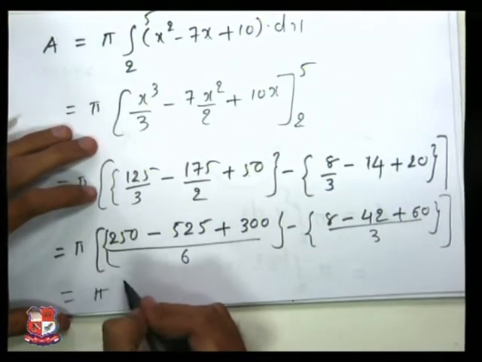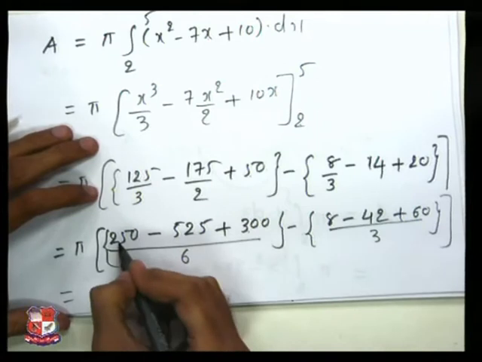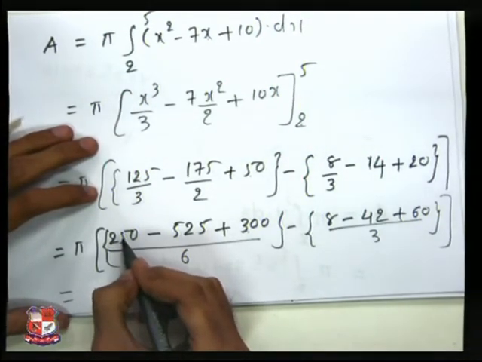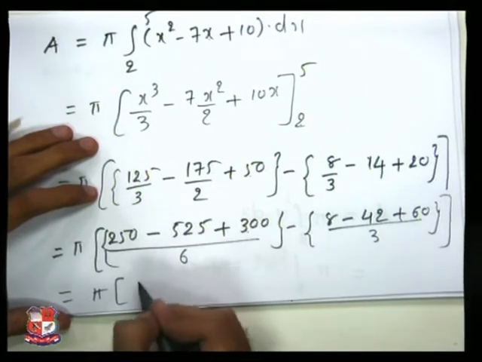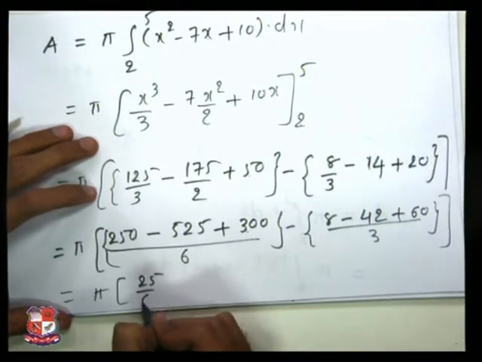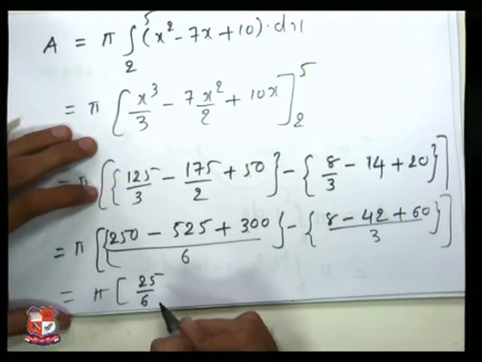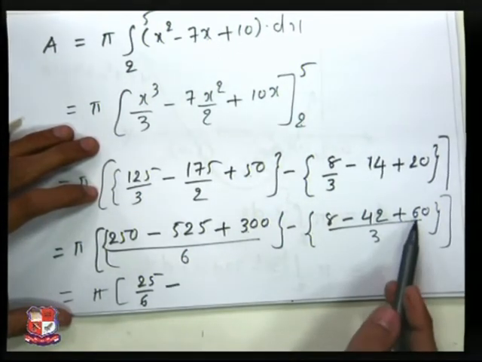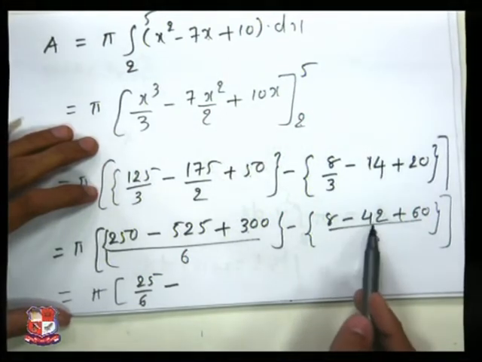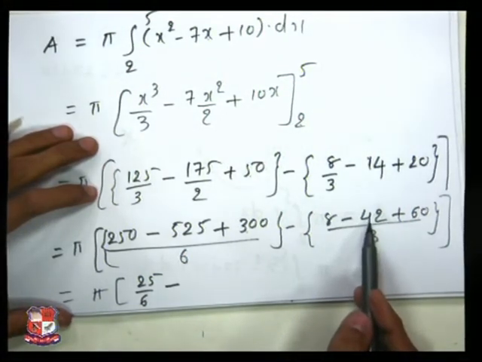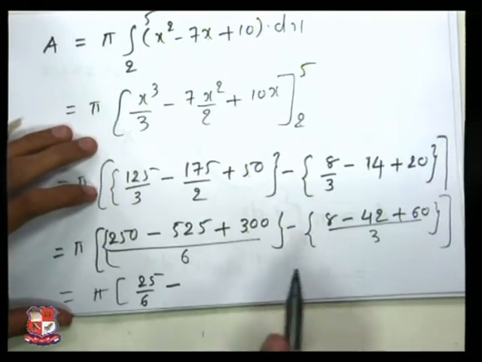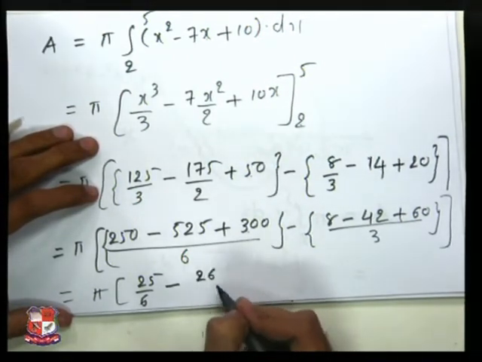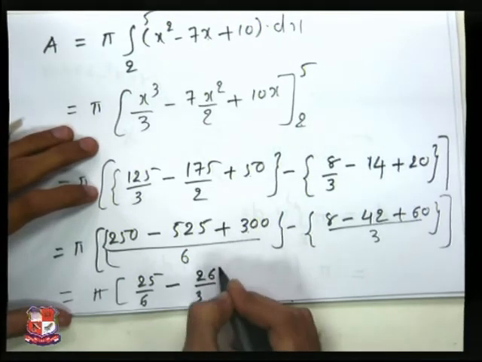So this is equal to pi, 300 plus 250, that is equal to 550. 550 minus 525, that is equal to 25 by 6. And minus we will get here 60 minus 42, that is equal to 18, and 18 plus 8 is equal to 26 by 3.